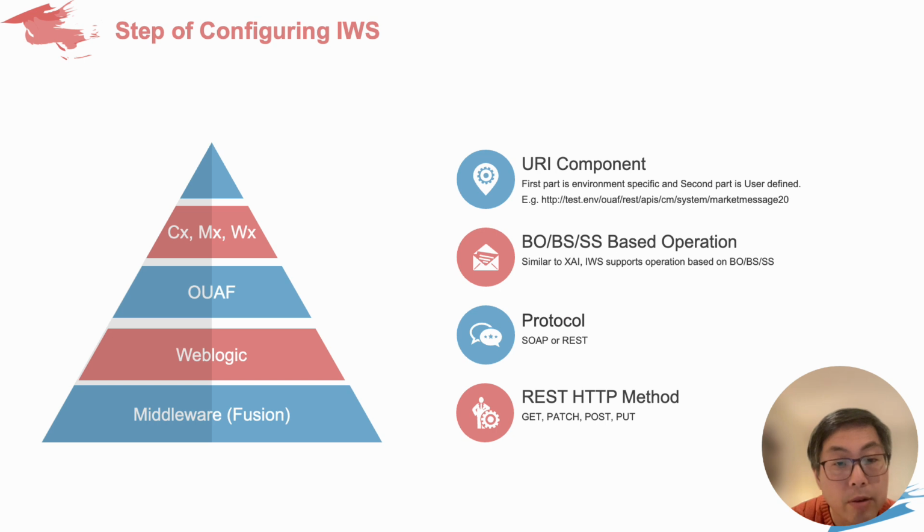You have these actions, HTTP methods, say get, post, put. Normally, I think we use get for read, and we use post for submission, for example to write. So these are the differences between IWS and XAI.